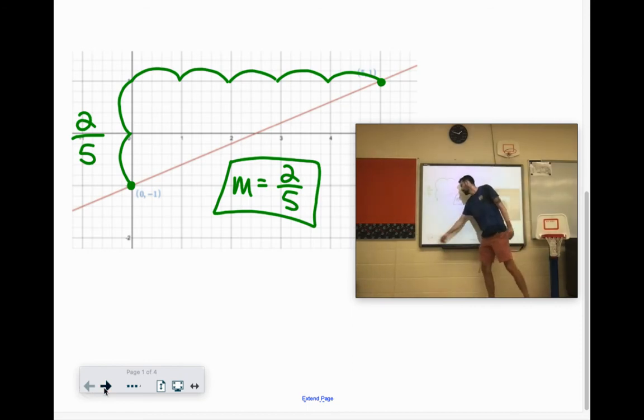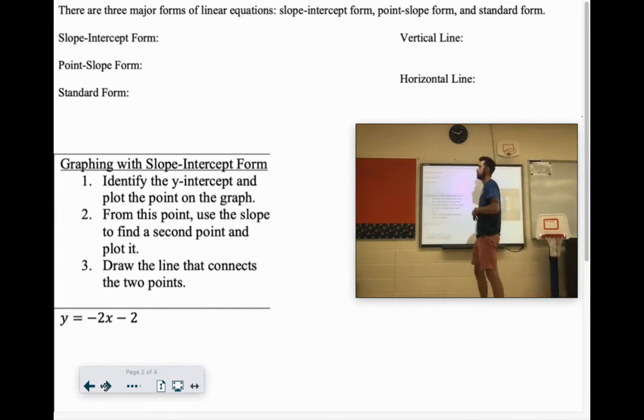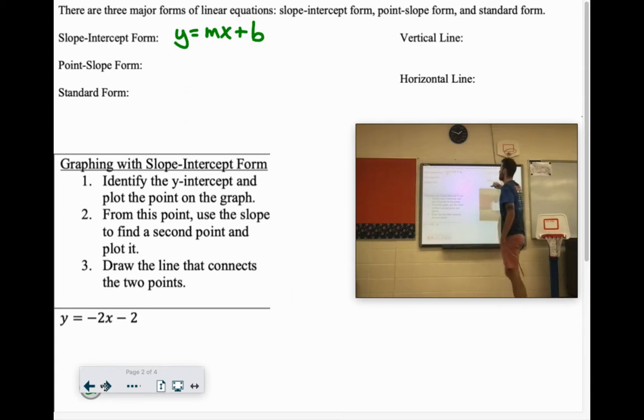So let's start graphing the different forms. There's 3 major forms. Slope-intercept form is the one you're probably most familiar with. And that form is y equals mx plus b. Now, all they're asking for is the formula, but let's label the important parts of the formula. M is the slope, right? It's always right in front of your x. That's your slope.